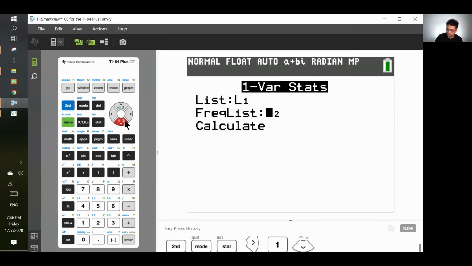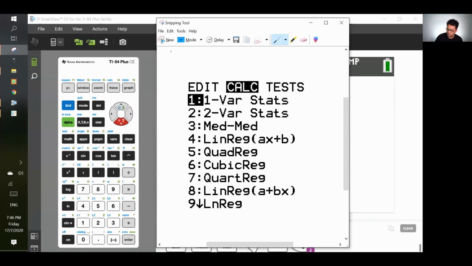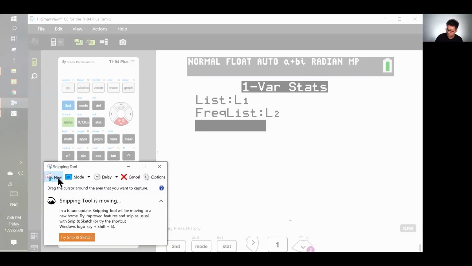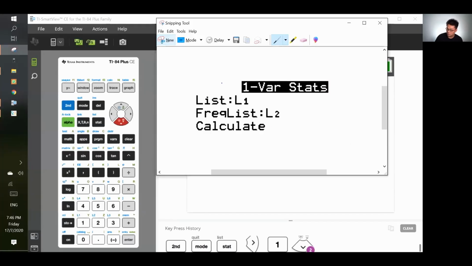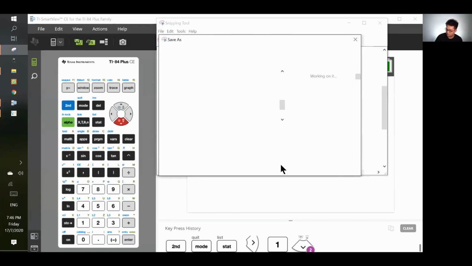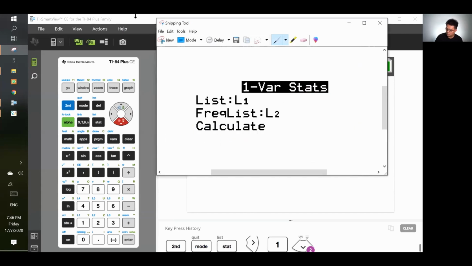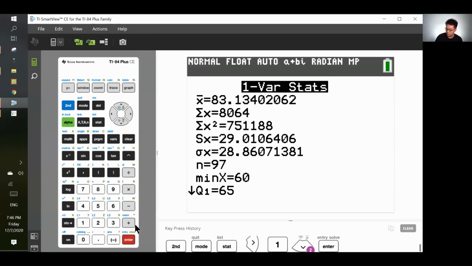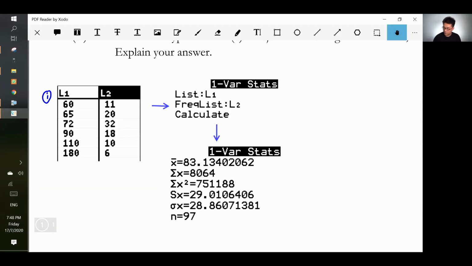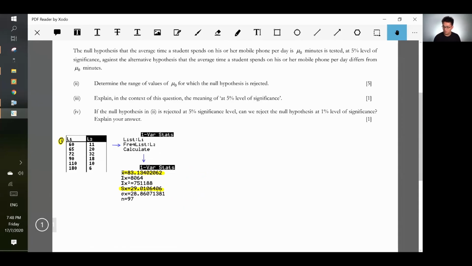Key in list one, list two, calculate. Okay. And then you go to calculate. There you go. Your values are all here. So part one, your unbiased estimate of the population variance, this one, and this is the unbiased estimate. Okay, so that's pretty okay.